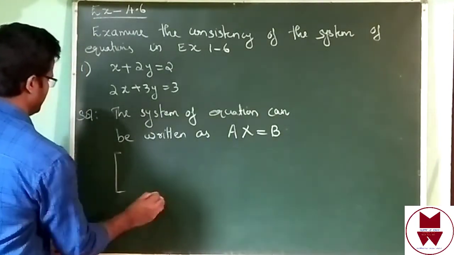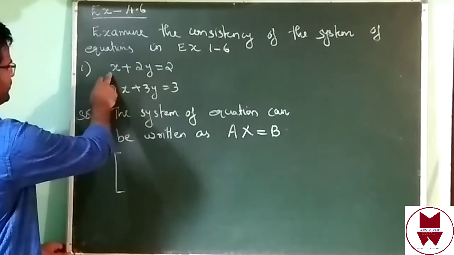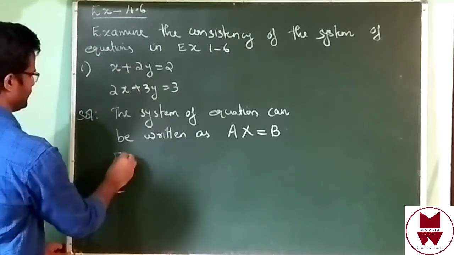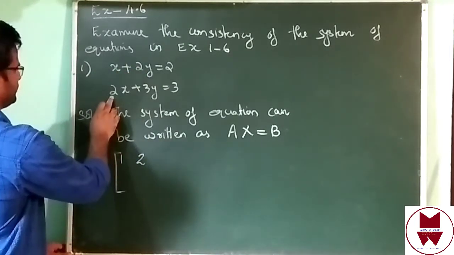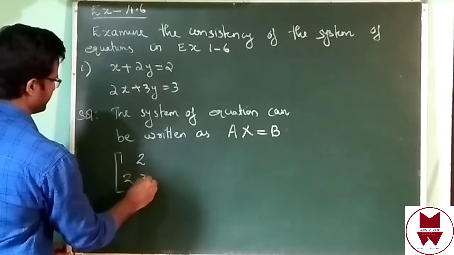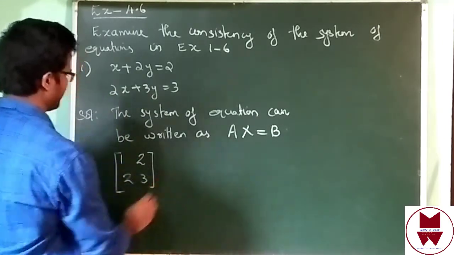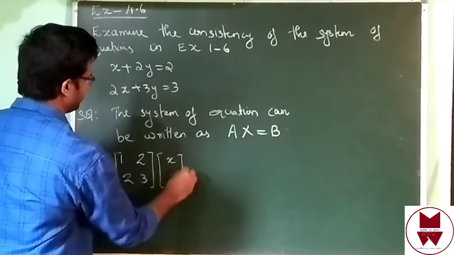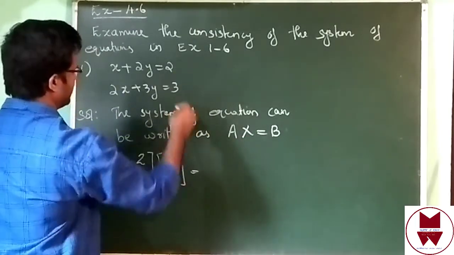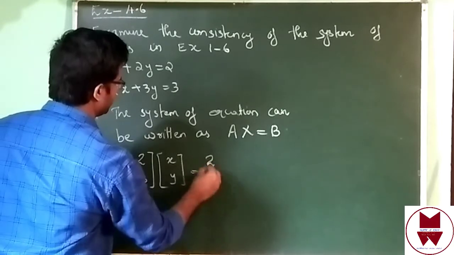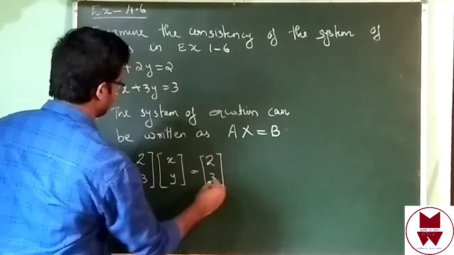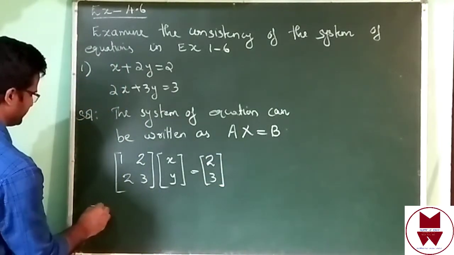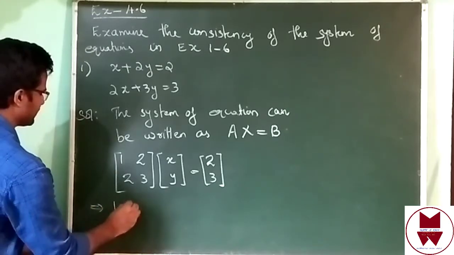First matrix, write the coefficients of x and y: 1, 2, then 2, 3. That is our A. Then x means the variables x, y. Then B means the constants, 2, 3. Then find the determinant of A.